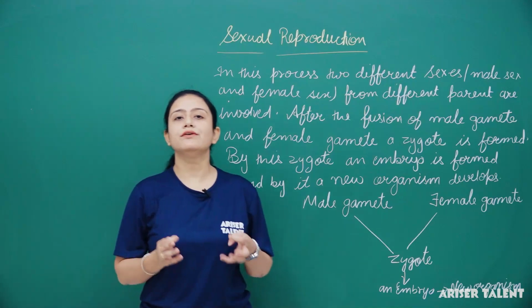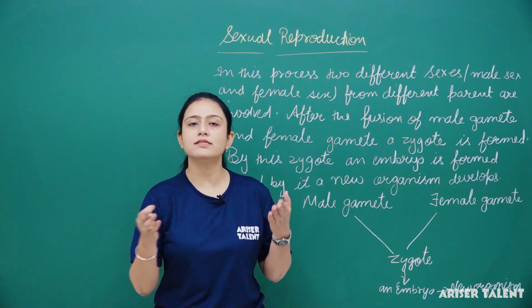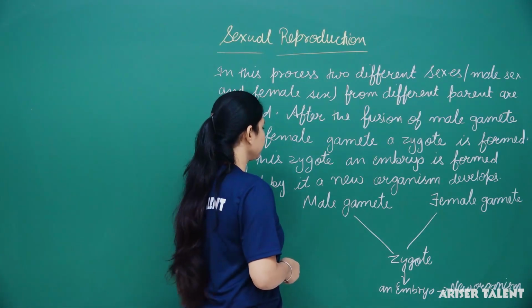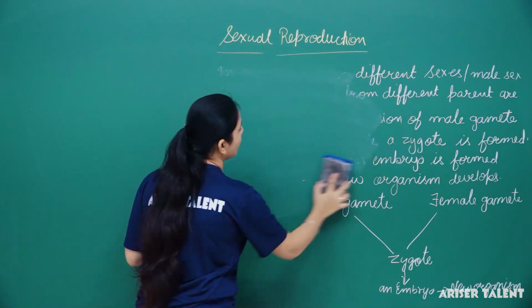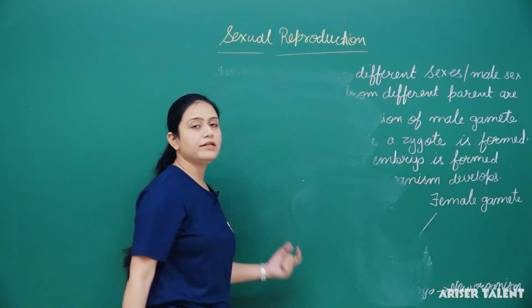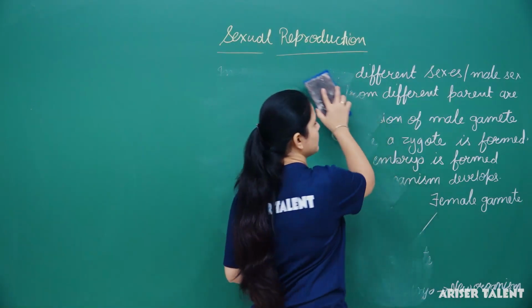Now we will talk about the difference between asexual reproduction and sexual reproduction. Generally what happens in asexual reproduction, generally one parent takes part in it. Okay, but in sexual reproduction two parents take part.